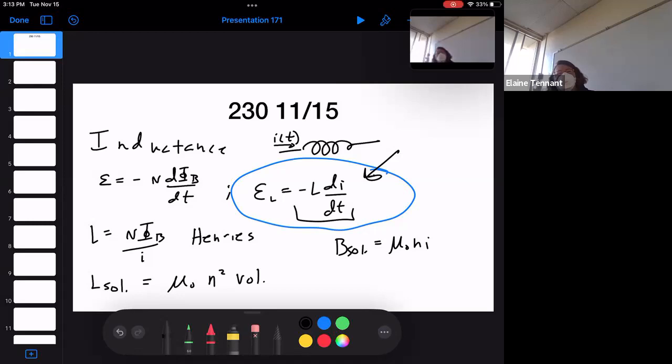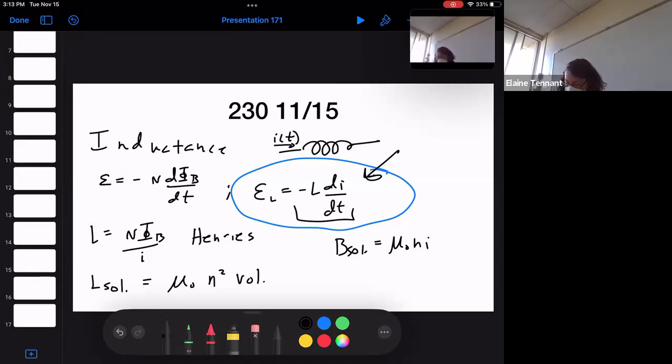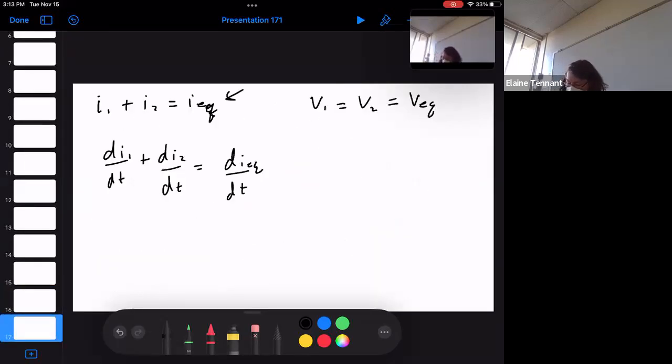Sound okay? Okay, cool. And that's how we're going to kind of shoehorn our inductance into this. So V1 over L1 plus V2 over L2 equals V equivalent over L equivalent.